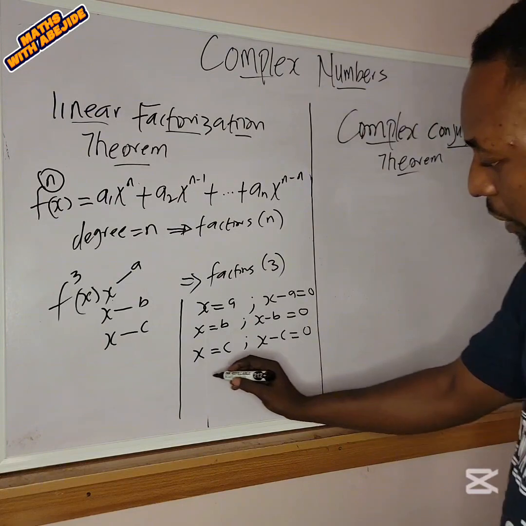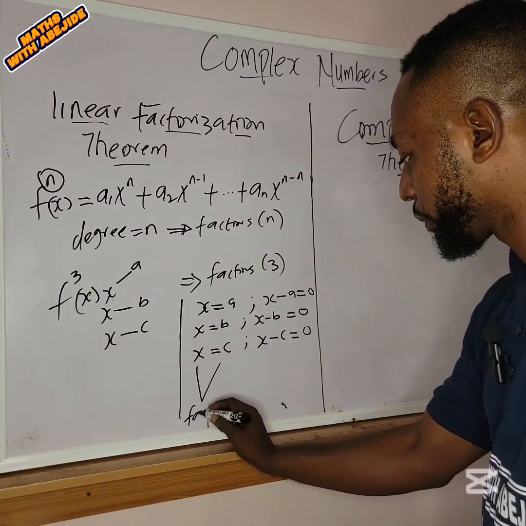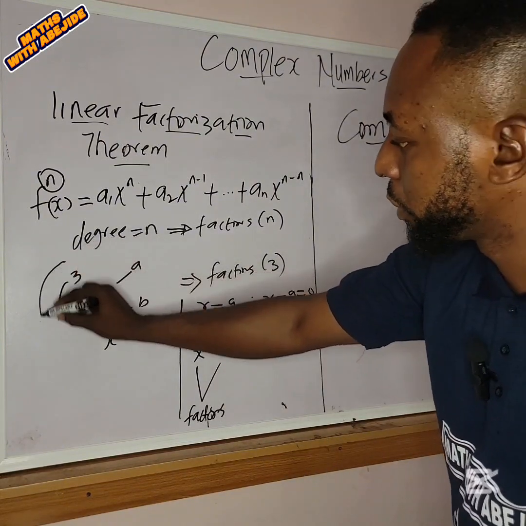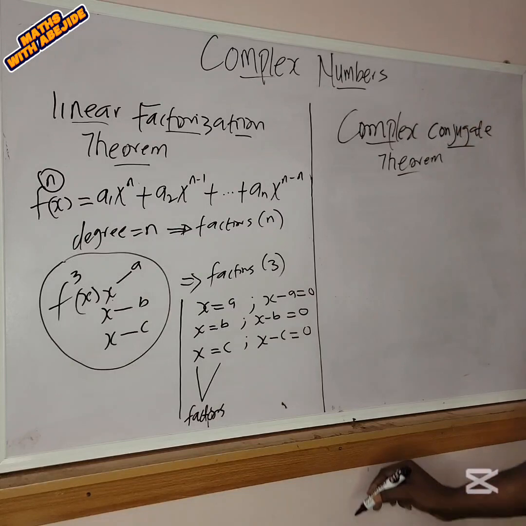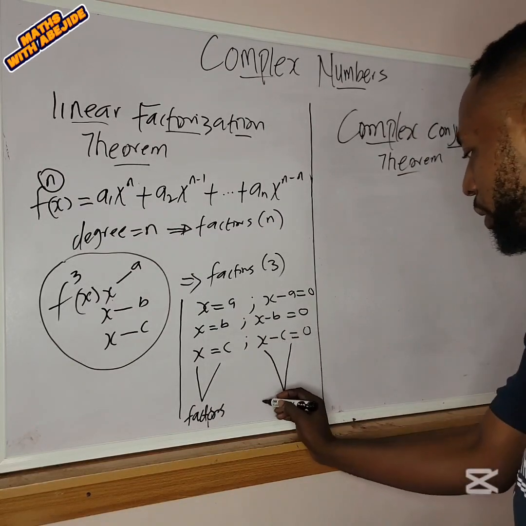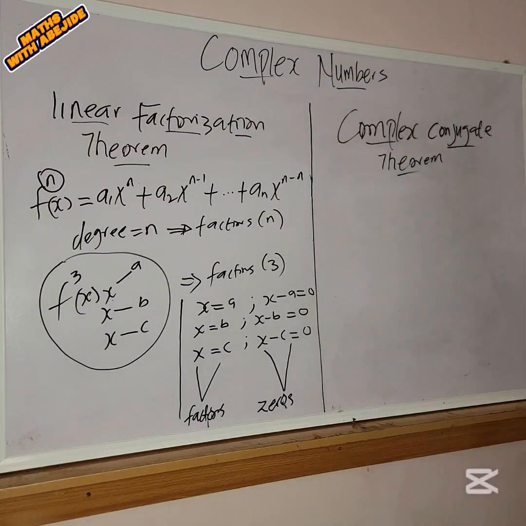So this implies that these here are the factors of this polynomial, and these are referred to as the zeros of the polynomial.